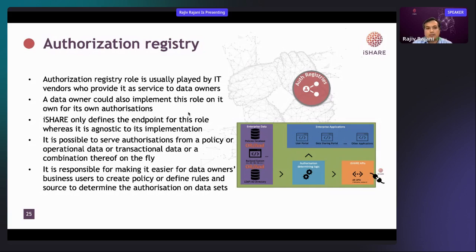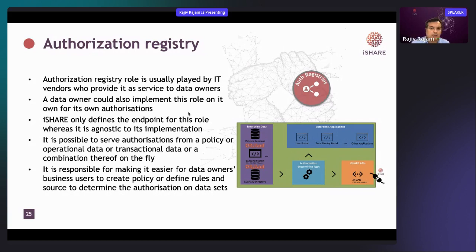As I mentioned earlier, these are federated roles, so the data owner can always choose. It can select an authorization registry today, and it can move over to another one. It is basically not locked in, because towards iShare the interface is towards the other participants.